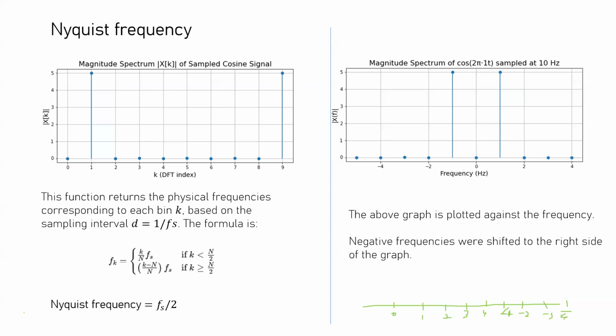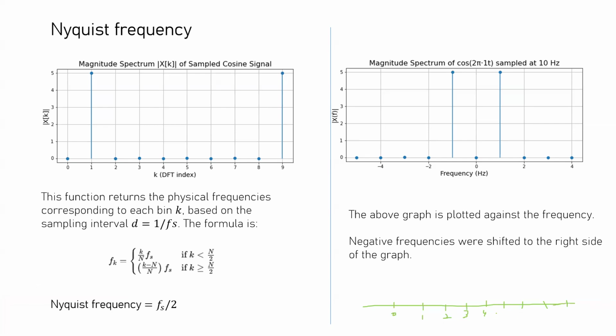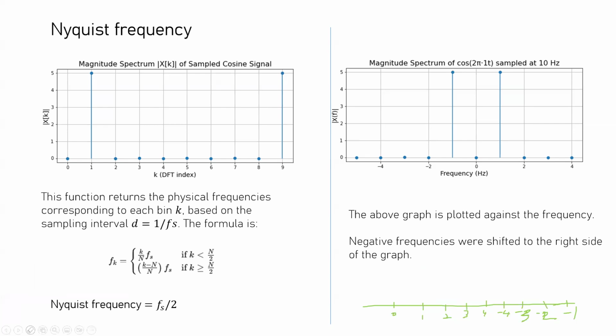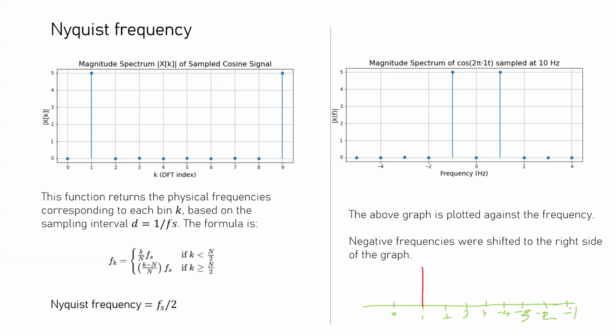So it will be -4, -3, -2, and -1. So you will find a peak over here, peak over here, and peak over here.